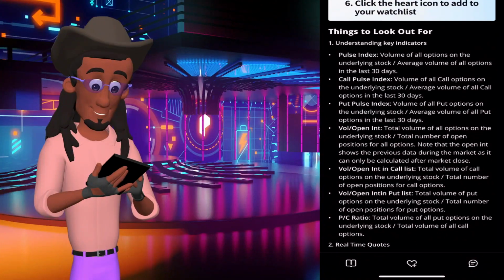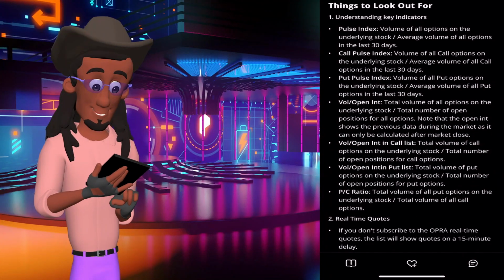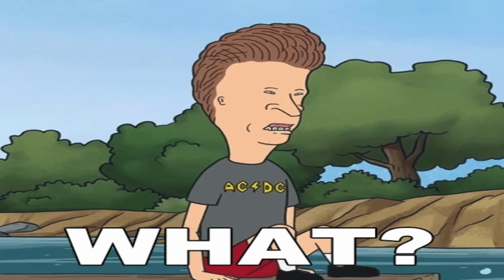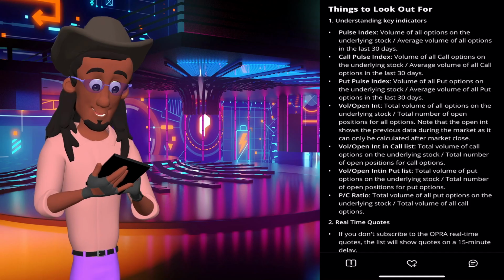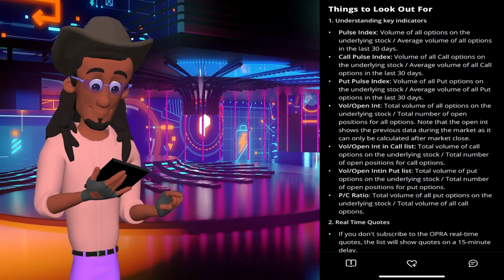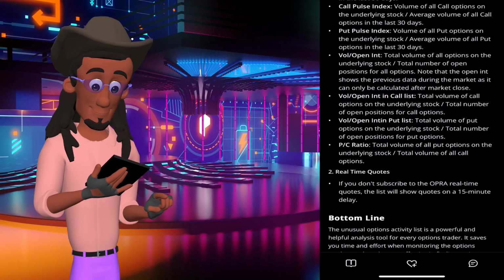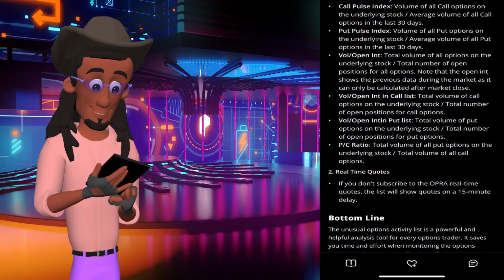One, understanding key indicators. All right, so we have the pulse index: the volume of all options on the stock divided by the average volume of all options in the last 30 days. A call pulse index: the volume of all call options on the stock divided by the average volume of all call options in the last 30 days.